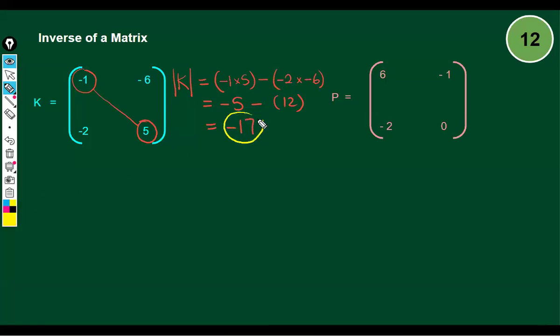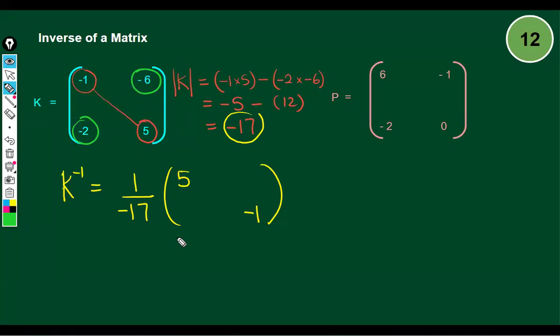Whatever we get for the determinant, throw it underneath a 1. So I'm going to throw that minus 17 underneath a 1. The main diagonal, you switch positions. So 5 jumps here, minus 1 jumps there. The other diagonal, you look at each value.